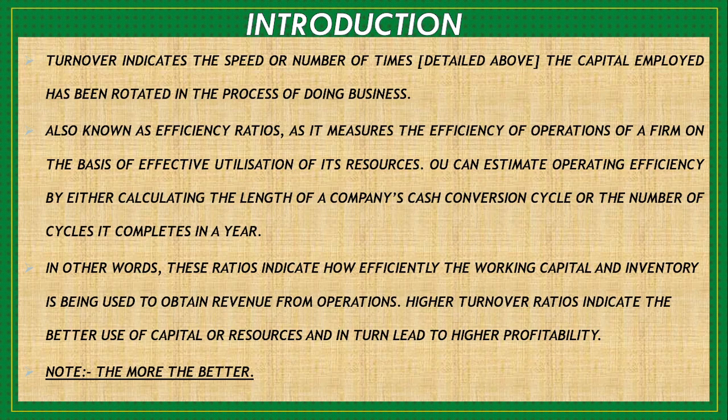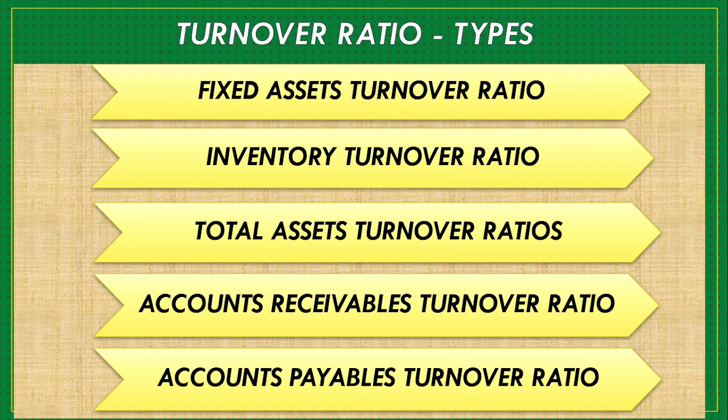Note, the more the better. The types of turnover ratios: fixed assets turnover ratio, inventory turnover ratio, total assets turnover ratio, accounts receivable turnover ratio, and accounts payable turnover ratio.